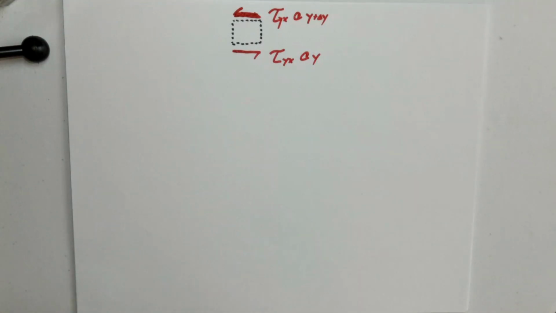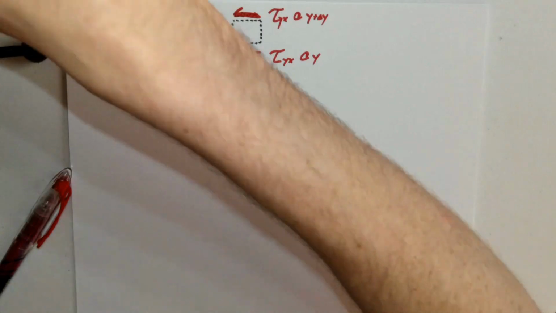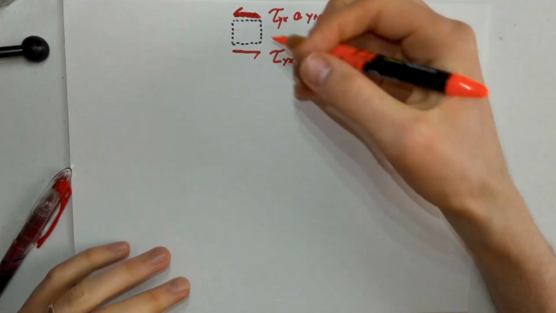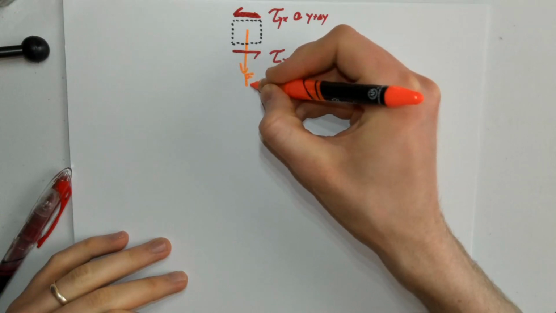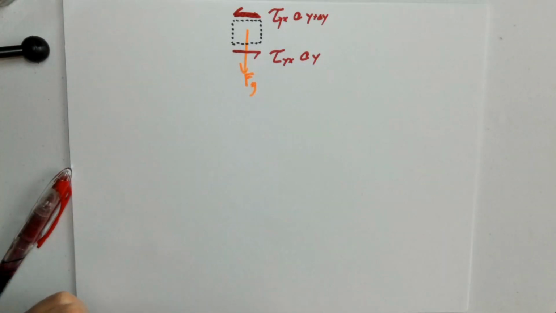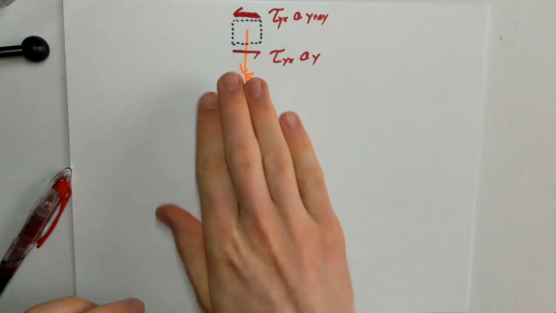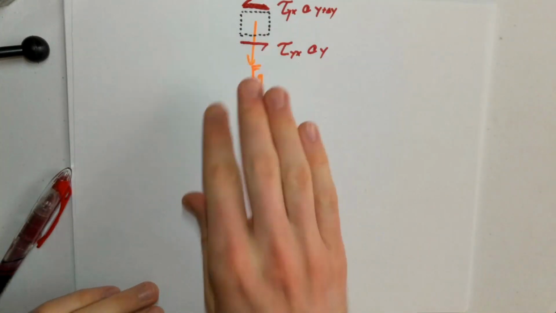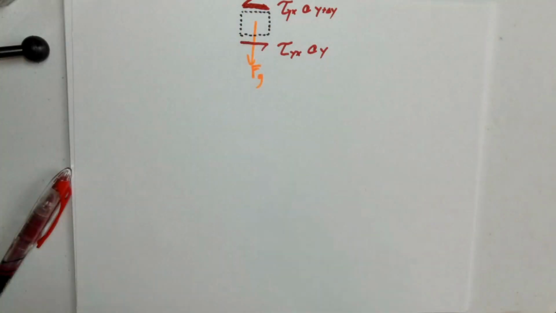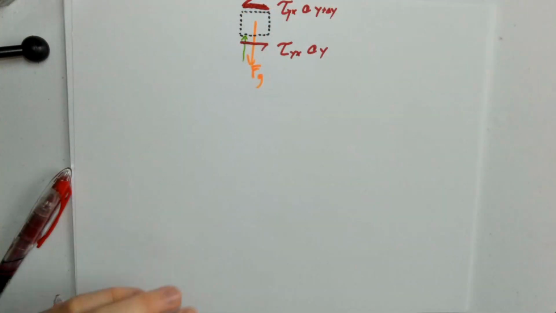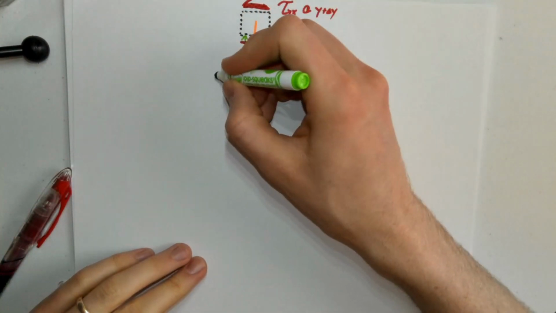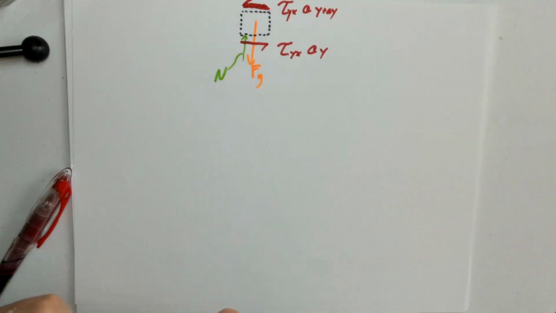Let's think about some other forces that might be present. A lot of times gravity pulls things down, so there's some gravitational force pulling down on this chunk of fluid. But the rest of the fluid underneath is supporting it the other way. So there's what is actually pressure, but we'll imagine it as a normal force pushing it back up.